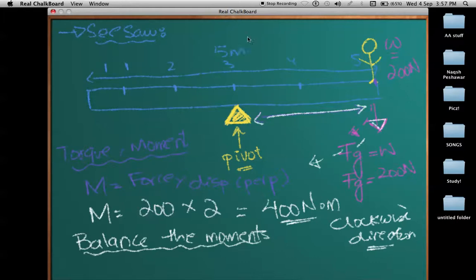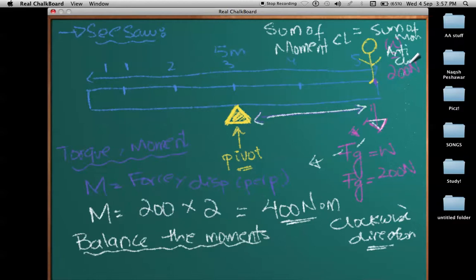Only in that case would the moments be balanced, because as the principle says, the sum of moments clockwise should be equal to the sum of moments anti-clockwise. So I have to make sure that I produce a moment of 400 newton meters.